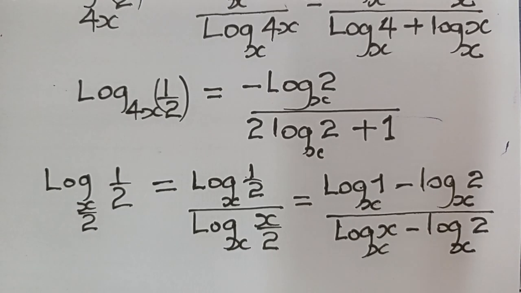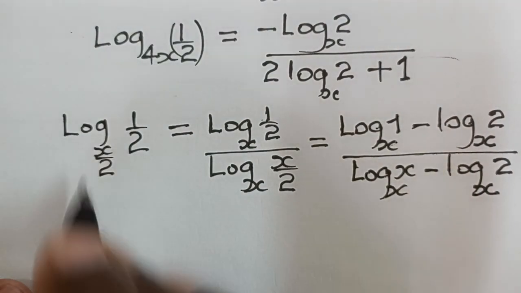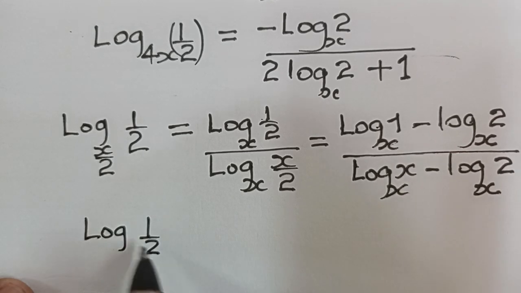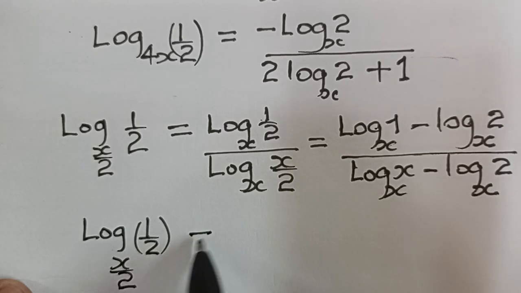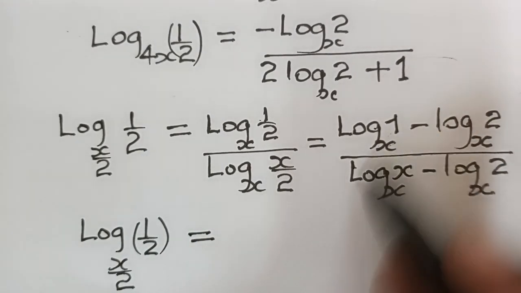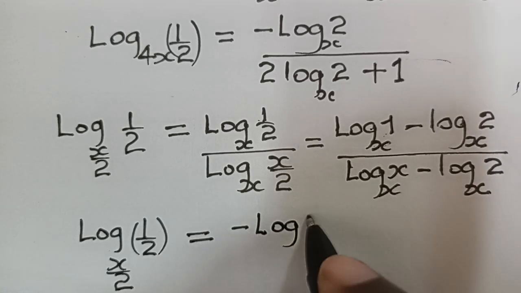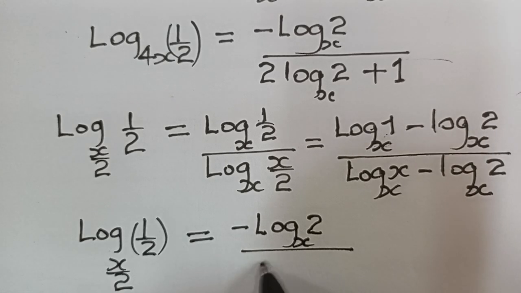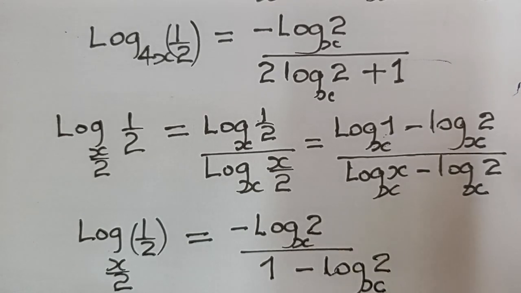Guys, that's what we have, and therefore, for this term, we shall have log over half to base x all over 2, now giving us, this one comes now to 0, and then we are left with minus log 2 to base x all over, this gives us 1, now minus log of 2 to base x.